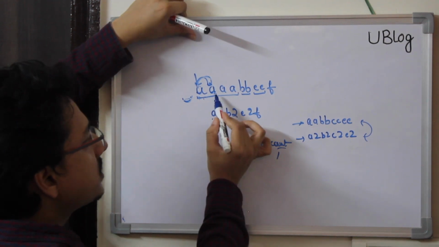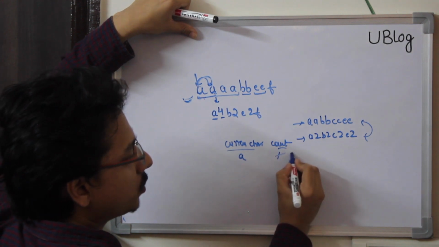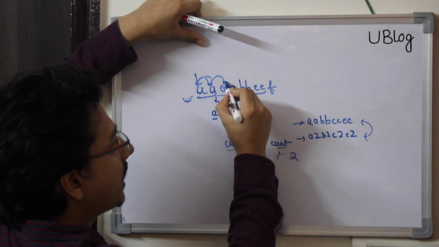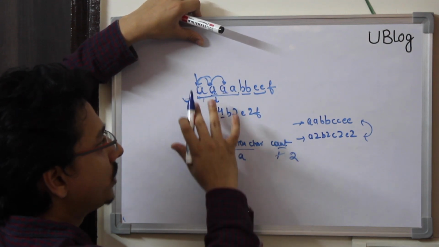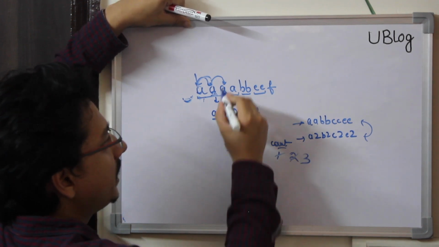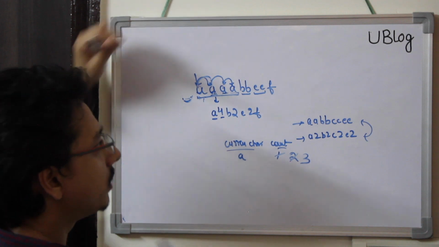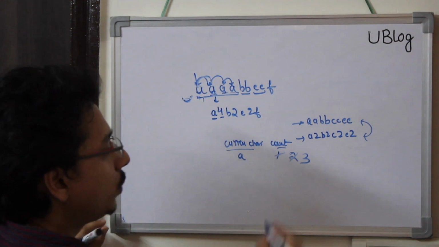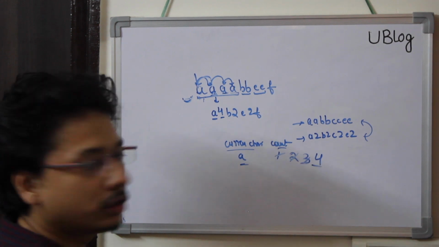Since A is repeated, I increment the count, so it will be 2. Next I move to A again. I compare this A with the previous character, that is A. Since they are the same, I will not break the chain and I just update the count. Next I move to this A again, and compare it with the previous A. Again they are the same, so I update the count. So now my current character is A and the count is 4.